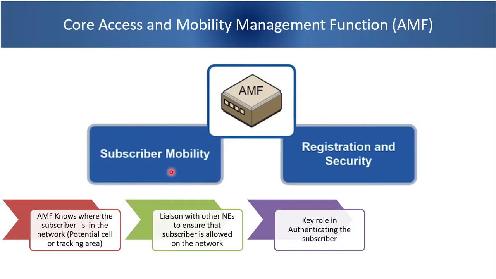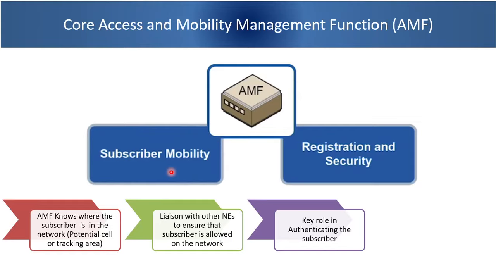It is the GUTI which is sent, and GUTI is allocated by AMF, and GUTI is also temporary in the sense that don't think that once a GUTI is allocated it will remain for that particular device. AMF keeps on changing GUTI from time to time in different scenarios, which we'll cover in some other session.